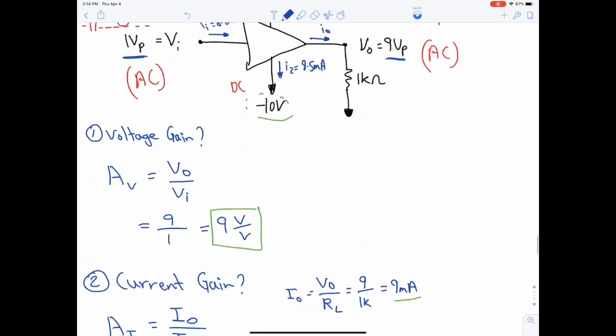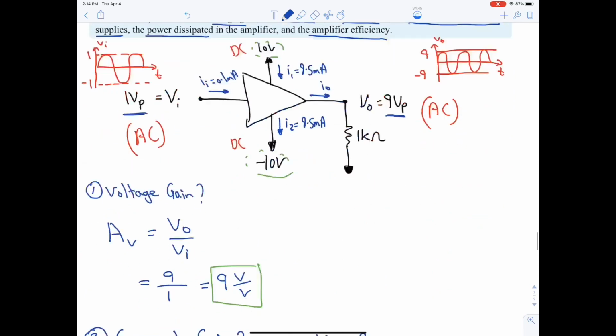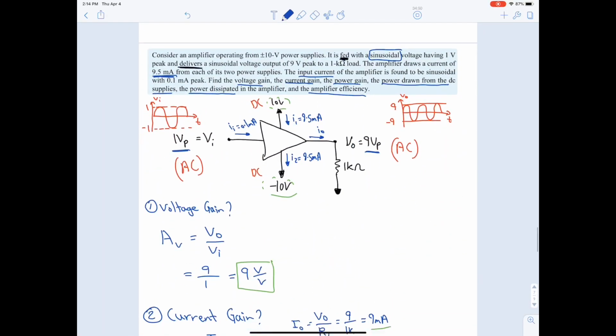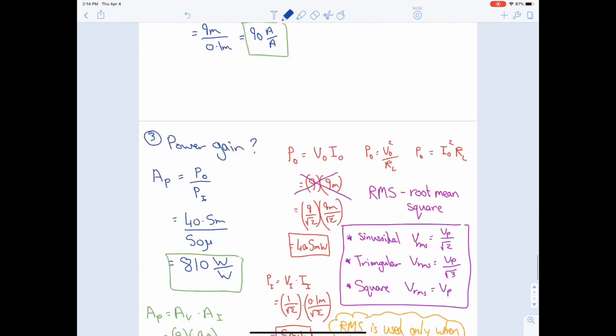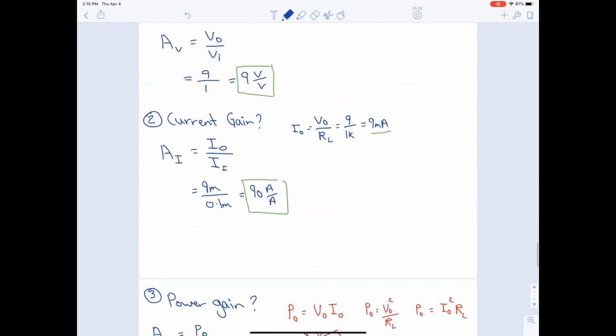Before we move on to the next requirement, which is the power drawn from the DC supplies, let me compute the gains in decibels. So AV dB is 20 log absolute value of AV. What is AV? AV is 9, right?